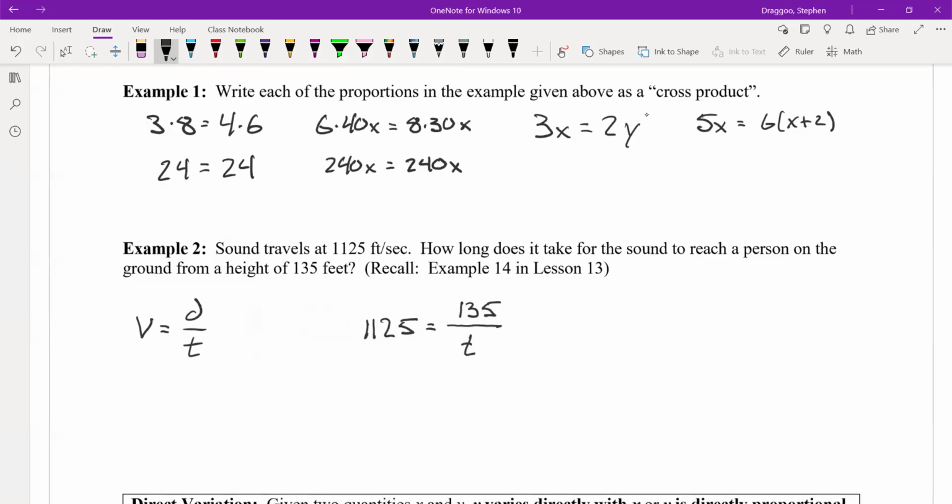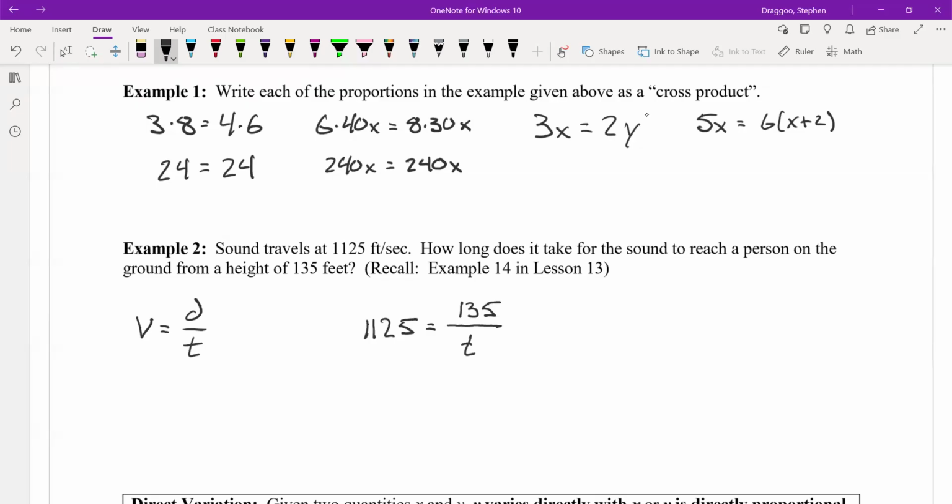And I can see that just by looking at the units. Velocity, which is in feet per second, or maybe miles per hour, or meters per second. I can pick any velocity unit I like, but it's equal to some distance, being feet, meters, or miles, over time, seconds, minutes, or hours. And the proportion that I can set up to get that equation equal on both sides can be obtained just by looking at our units.